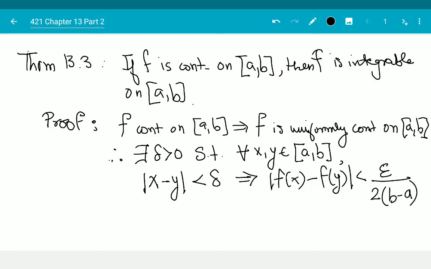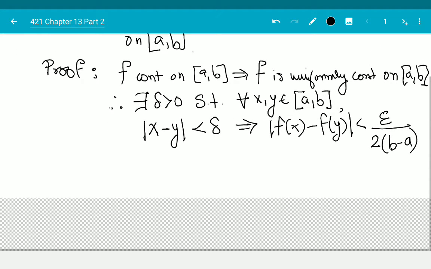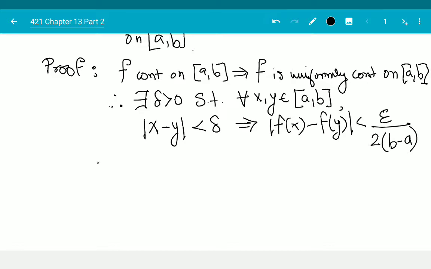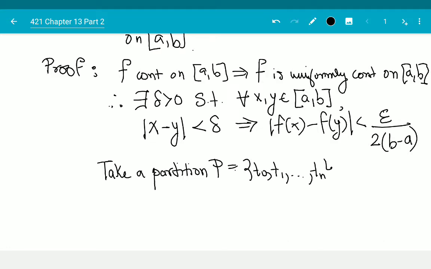Well, great. I have chosen such a delta, and therefore, take a partition P equal to t0, t1, up to tn, such that the maximum distance between ti and ti minus 1 is always less than delta.